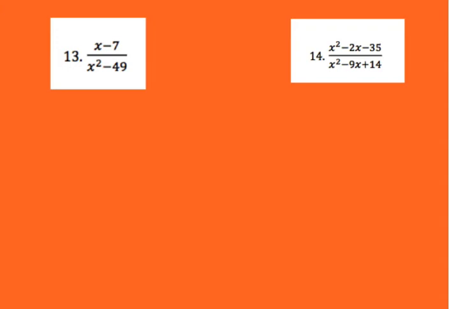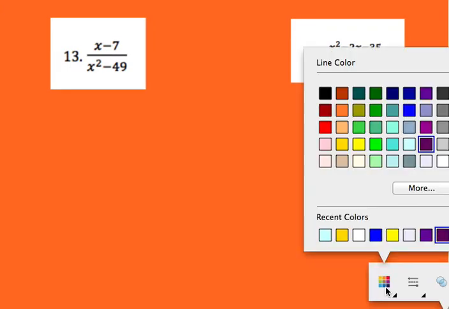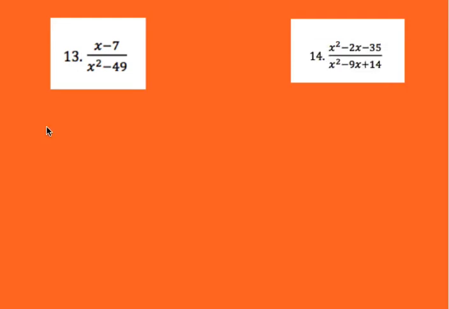So let's go ahead and take a look at number 13. First thing we want to do is factor out the top. So I have x squared minus 49 is equal to 0. So my a is going to be negative 49 and my b is actually going to be 0, okay, because I don't have an x term.